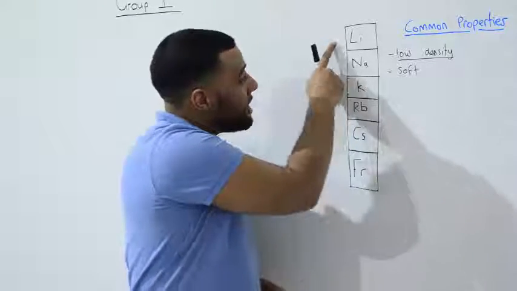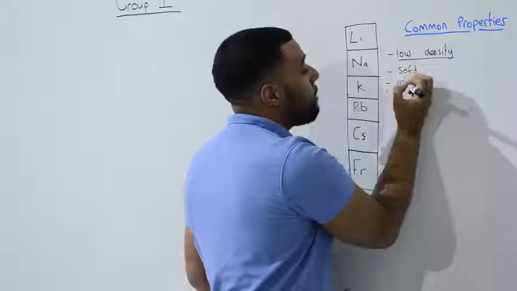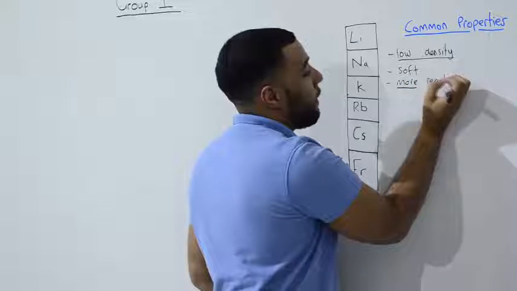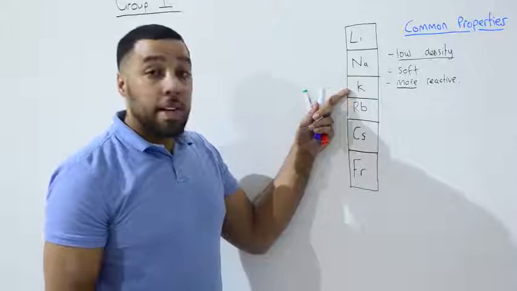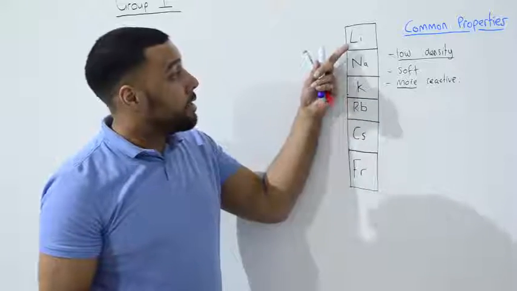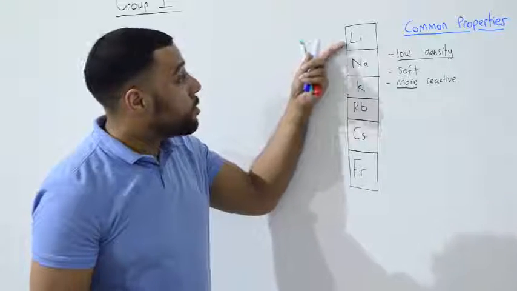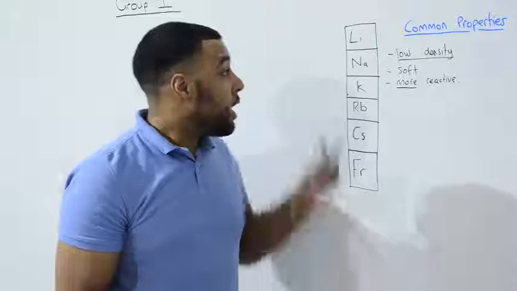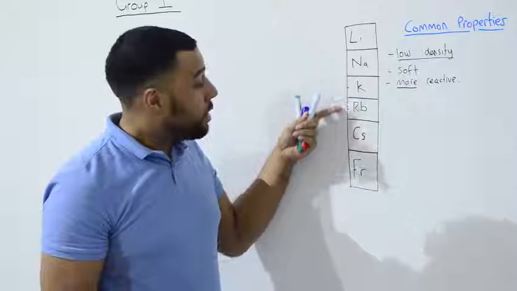And as we go down Group 1, the elements get more reactive. For example, potassium will react a lot more violently than lithium. You may have seen these reactions in your school where lithium, sodium and potassium are added to water, and the reaction gets more violent as we go down.